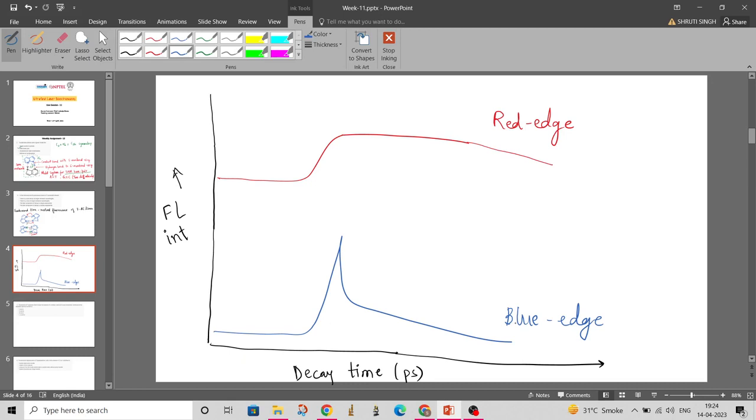So this is at 380 nanometer, and this was at the red edge around 620 nanometer. So what happens? We see a rise here, and a decay here. Okay.